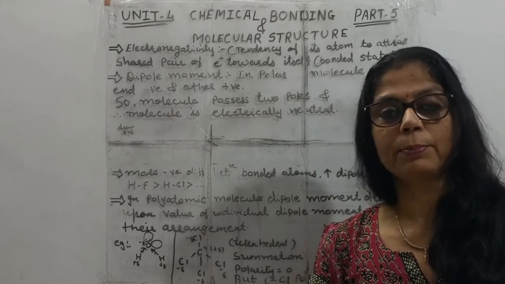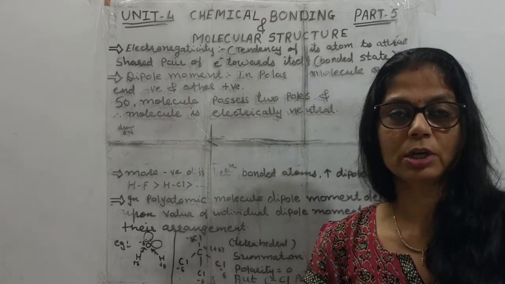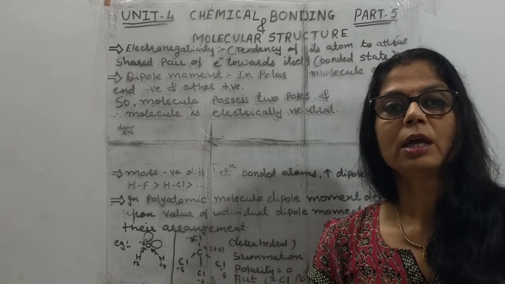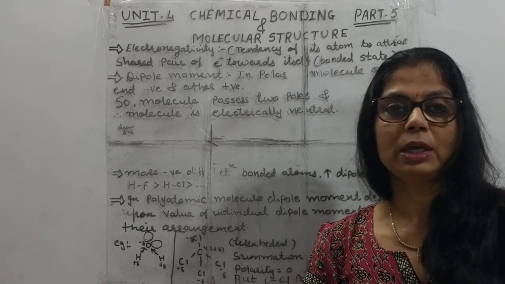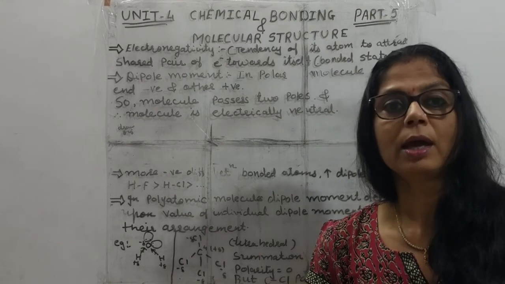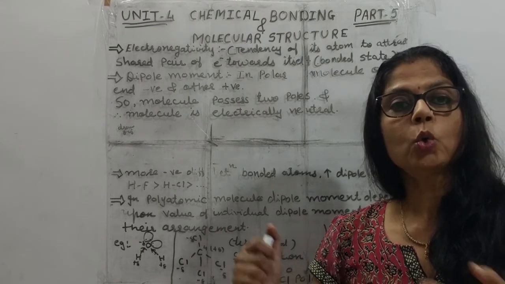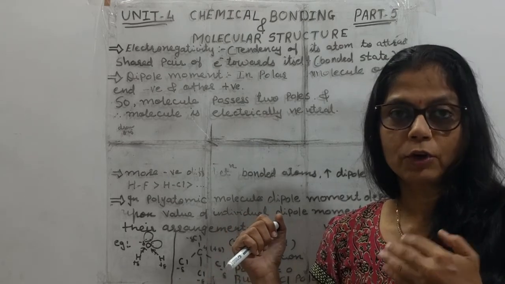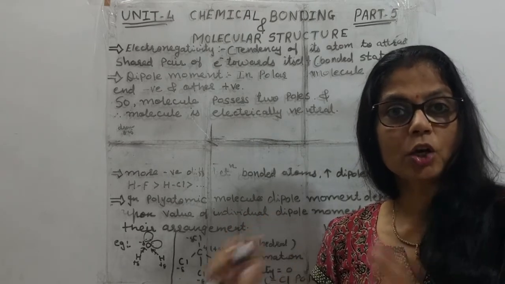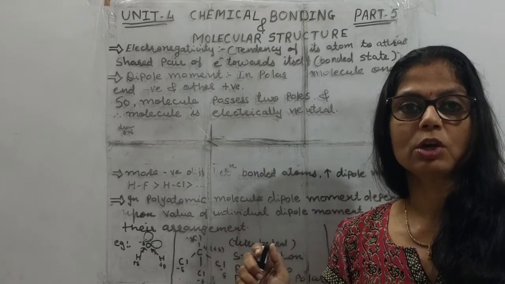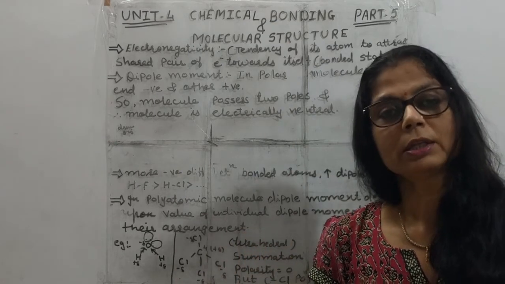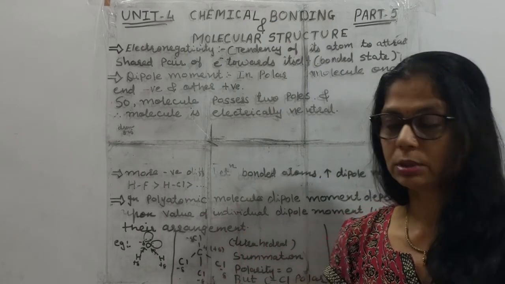From the dipole moment and Lewis structure, the next theory, our next topic, is VSEPR theory, which came to the scientists' minds to clarify whatever ideas are not clear from this topic, student.